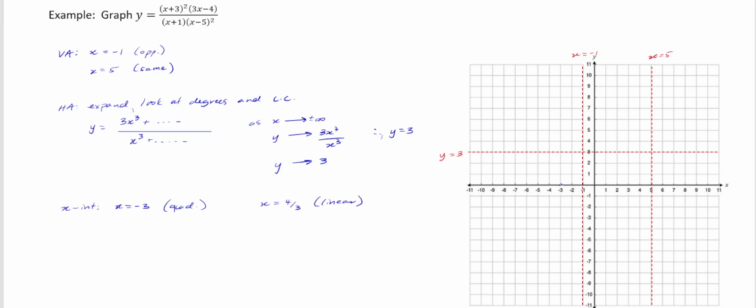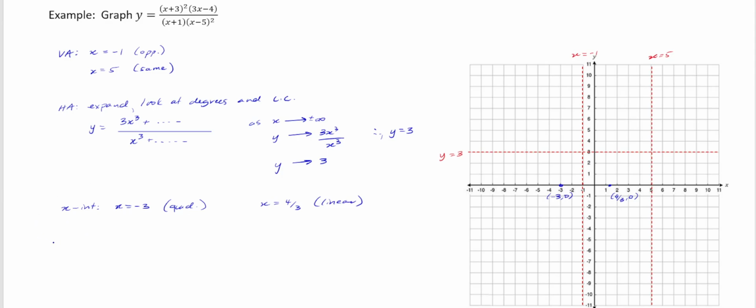So let's plot that right there. Okay, so that's going to be -3, 0, and that's where I'm going to have my quadratic behavior. And then I've got 4 over 3, which is 1 1/3 right here. Okay, and it's going to behave linearly through that.